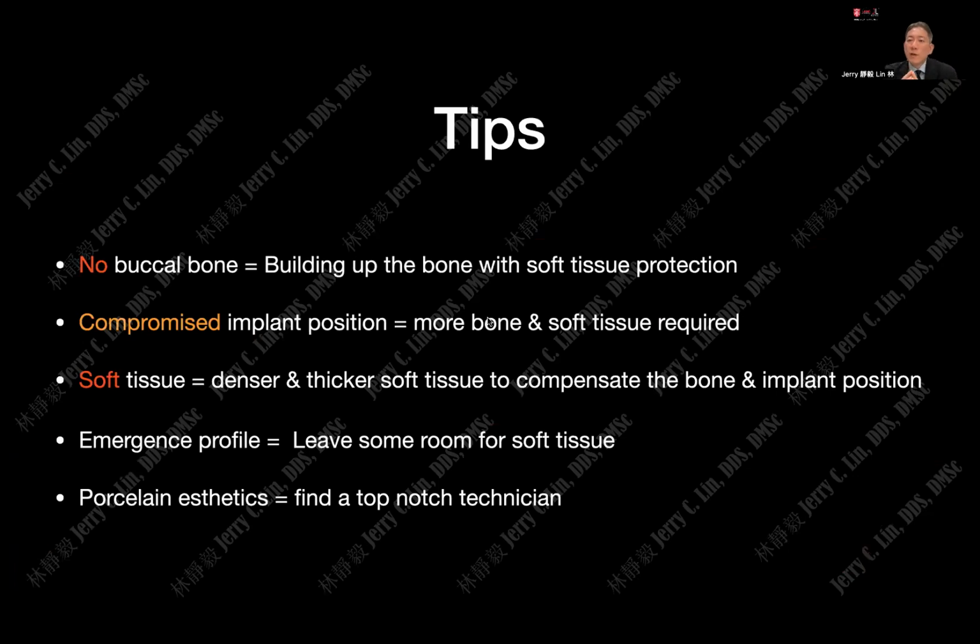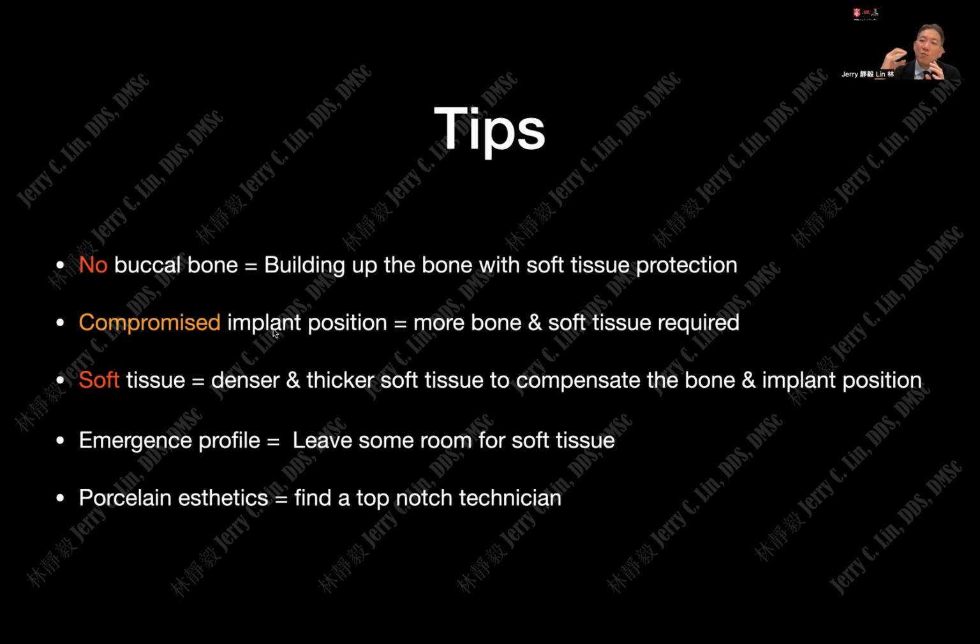So for this particular case, we began with no buccal bone. So we need to build up the bone, and we need good soft tissue to protect the bone. We need bone and soft tissue for this type of scenario. And of course, because the bone architecture was not good, it's a compromised position, so we want to keep the angulation less than 15 degrees.